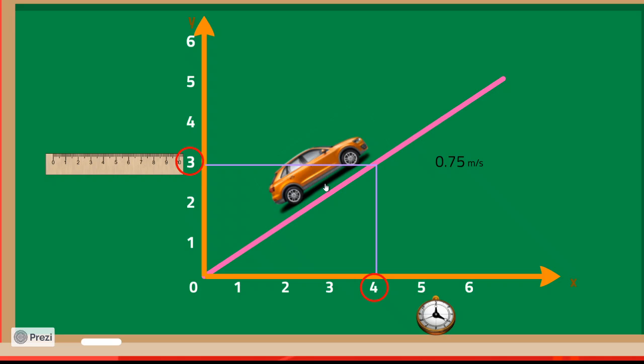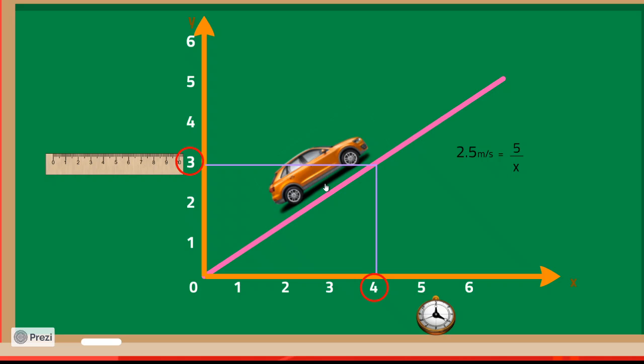Now you could find the speed when you knew what was the distance and what was the time, but suppose you didn't know both of them. Suppose I'm telling you the speed is 2.5 meter per second and the distance is 5 meters. What is the time?